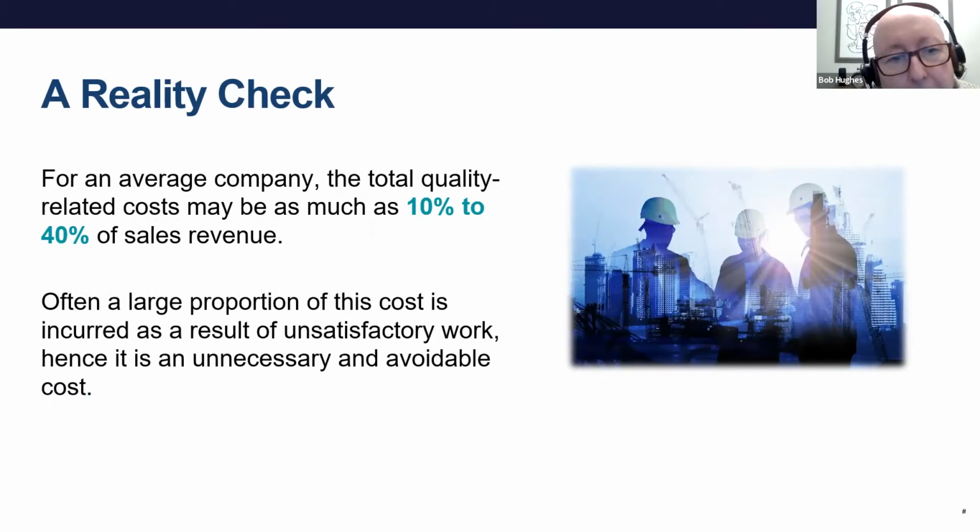Picking up on Laura's point, it could be up to 40% in loss of actual sales revenue due to not getting it right first time, and as a result of ineffective use of resource. It's actually stated in some cases, things like snagging. In construction we use that terminology, snagging, and it almost becomes the norm.